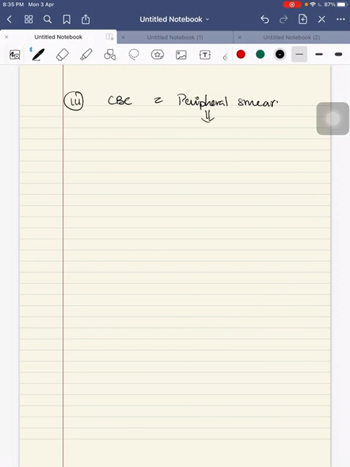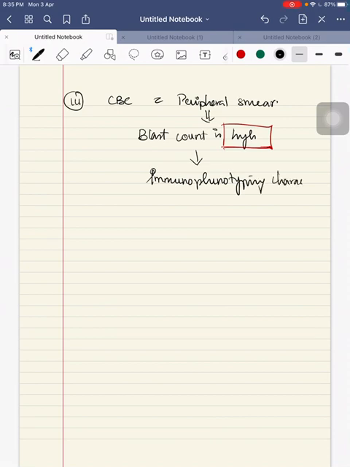Next, you should do a complete blood count with peripheral smear. If the blast count is high, further immunophenotyping and genetic tests are performed.